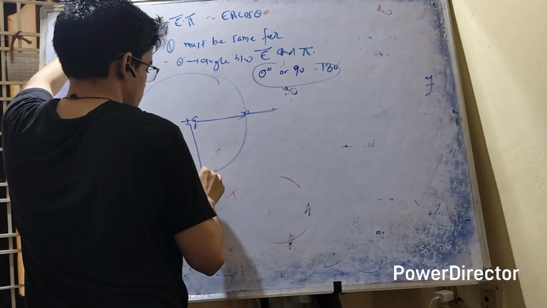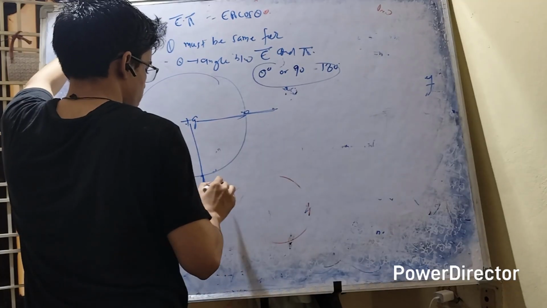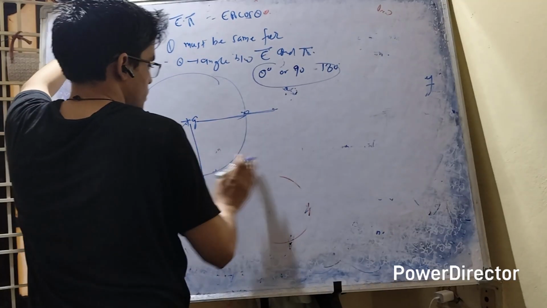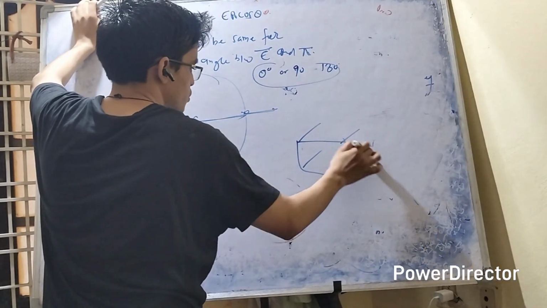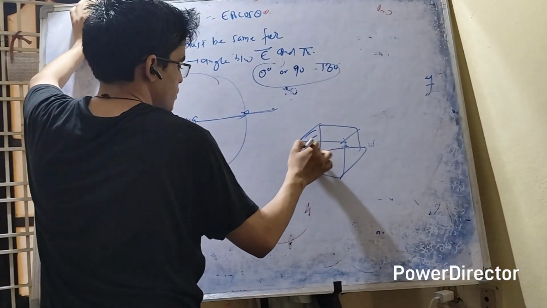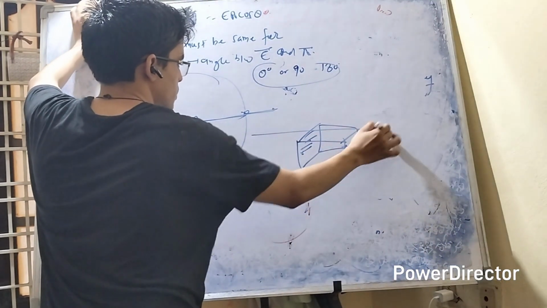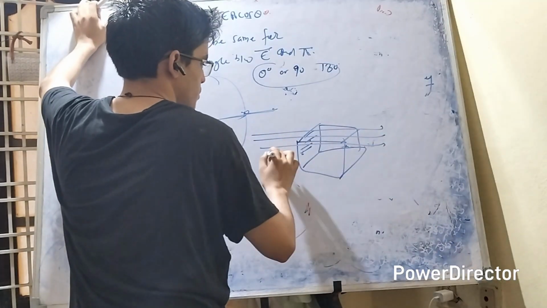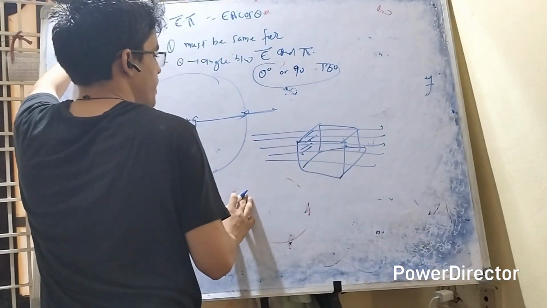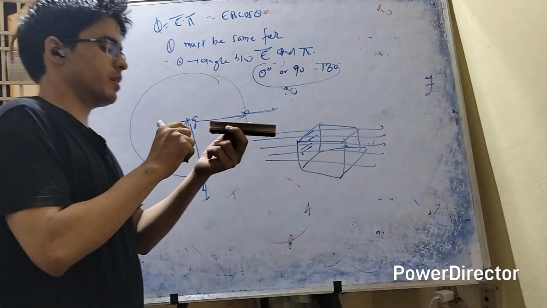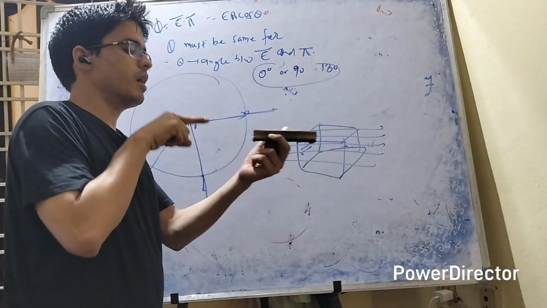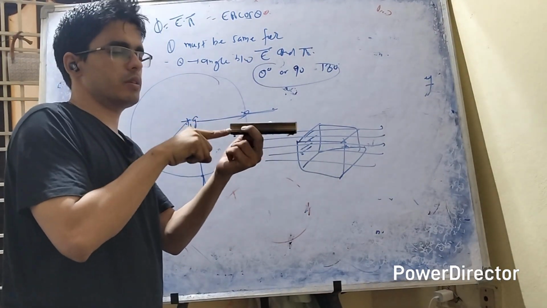So generally this is the difference. Here also, tell me, what is the area vector? Outward. What is the electric field? Outward. Here also, suppose this is Q. Through this first surface of this cube, assume the electric field line is passing through this surface, right? So what is the area vector here? See, this is a keyword. This is your first surface. Here the electric field line is passing through this surface.